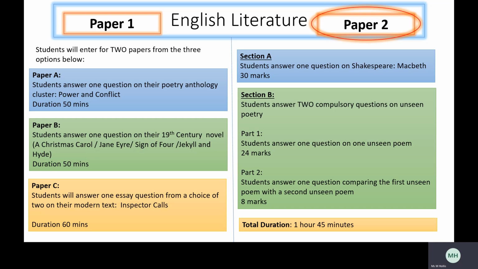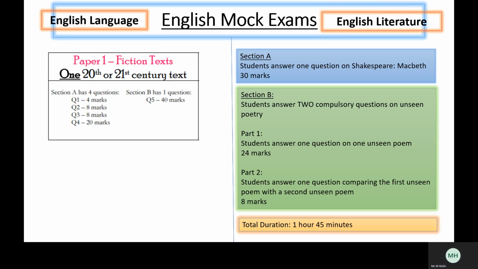So moving forward to the November mocks, as I previously said, students will be sitting the compulsory literature paper, which is Macbeth and unseen poetry, but they will also be sitting paper 1, which is looking at an unseen fiction text. And your son and daughter has been preparing this through their homework and half-term homework.